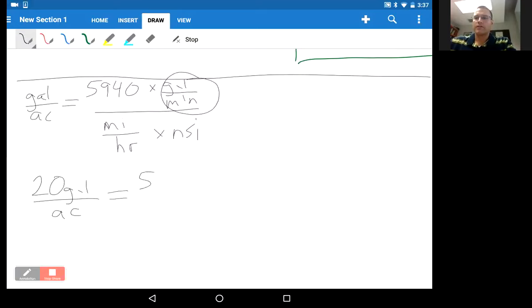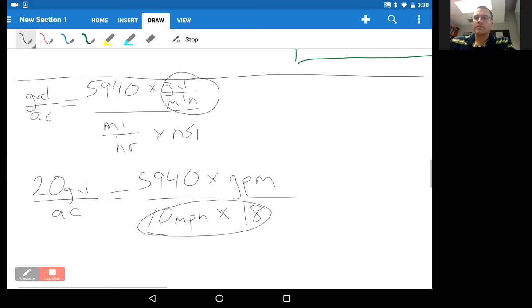Equals 5940 times, this is our gallons per minute, so I'm just going to call this GPM, over miles per hour, so we're going 10 miles an hour, and mph times nozzle spacing, which is 60 nozzles at 18 inches. So this has to be an 18. So this down here equals 180. We can see that right now.